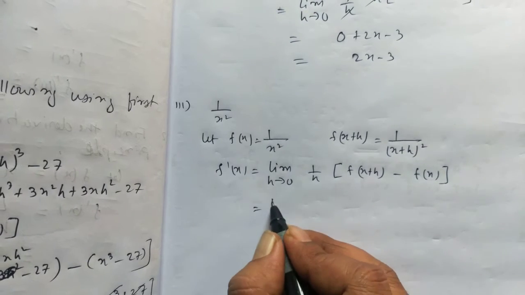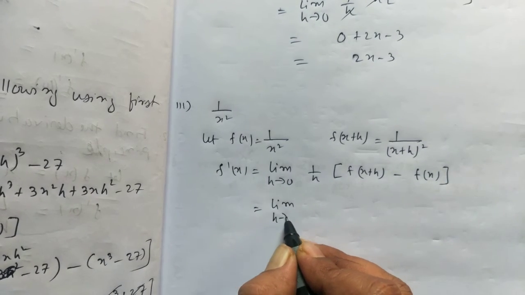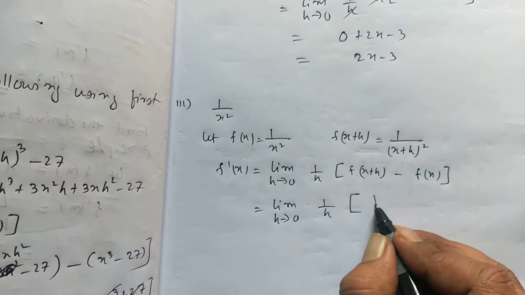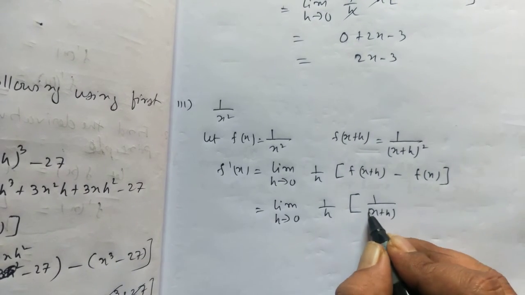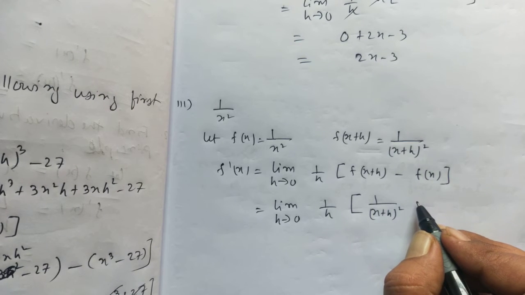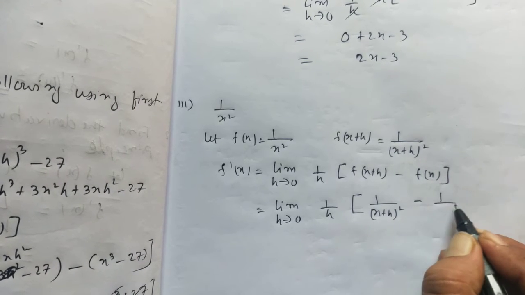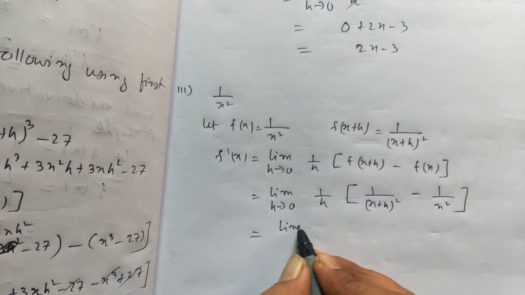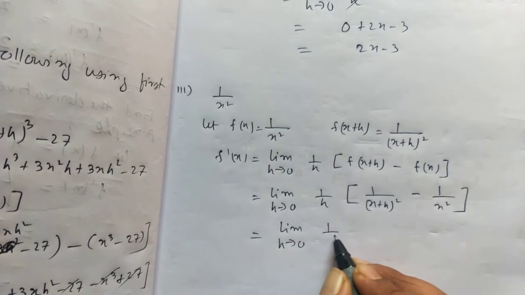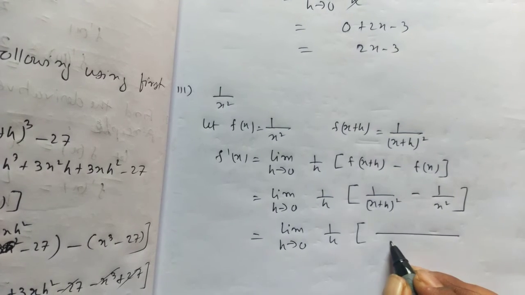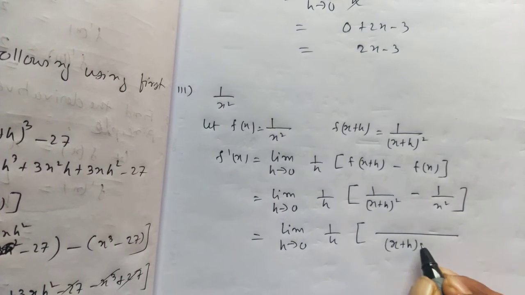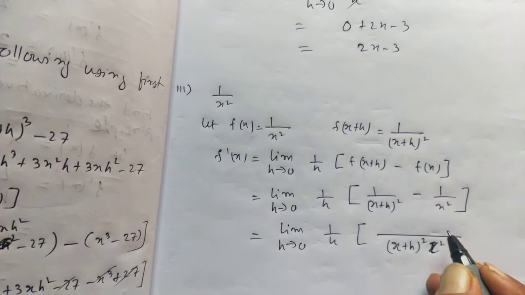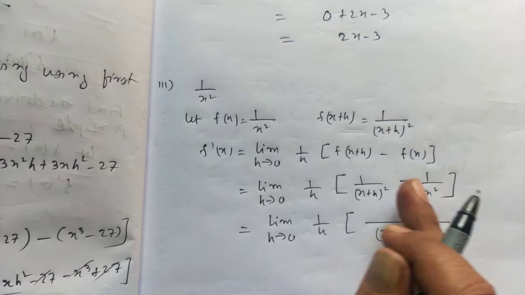Put the value: 1/h, f(x + h) is 1/(x + h)², and f(x) is 1/x². Take the LCM and solve it. LCM is (x + h)² x². So when you take both LCM, you have to do cross multiply.